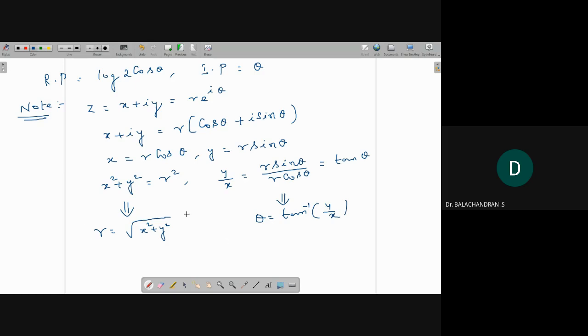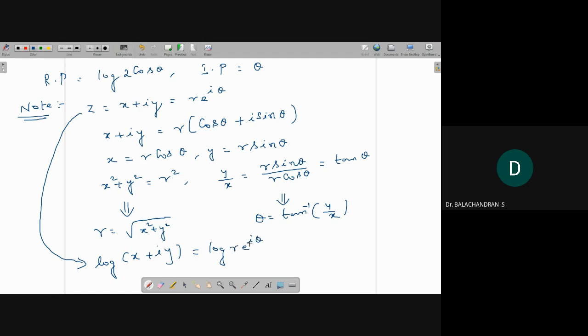Now we know that x plus iy equal to r into e power i theta. So taking log on both sides, log of x plus iy equal to log of r into e power i theta.